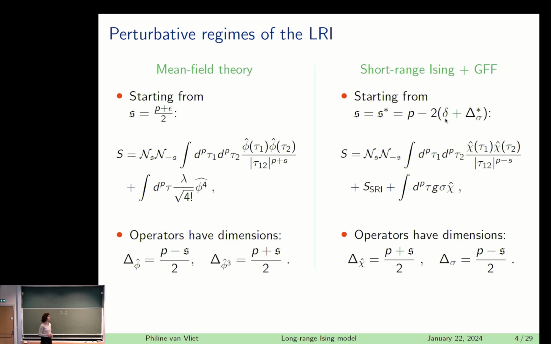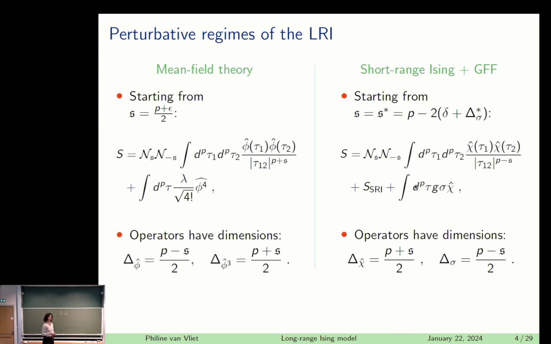So from this end we would do conformal perturbation theory, and we see that we have a similar non-local interaction, but now to the power of p minus s, and we have to add the interaction of the short-range Ising model plus a term that couples the Ising spin field sigma to the generalized free field chi.